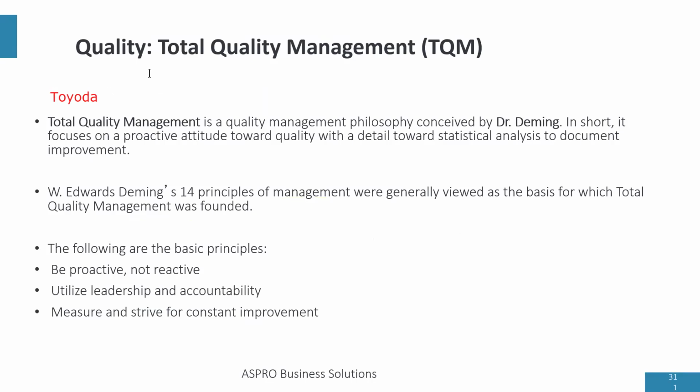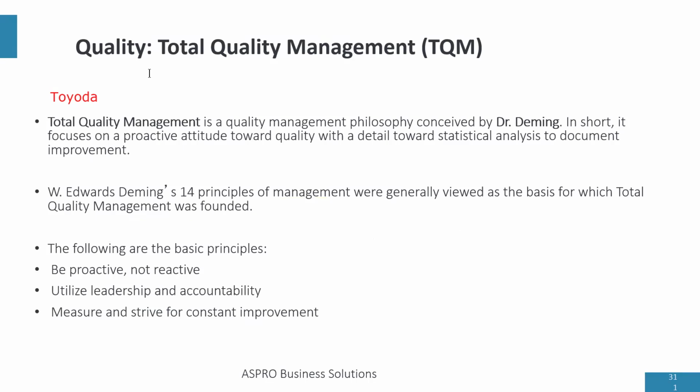So total quality management was actually influenced by Dr. Deming and his work. And that's what brought total quality management. One of the people that actually learned from Dr. Deming is Toyota. And this is one of the reasons why Toyota is the best place to get case studies on quality, right?